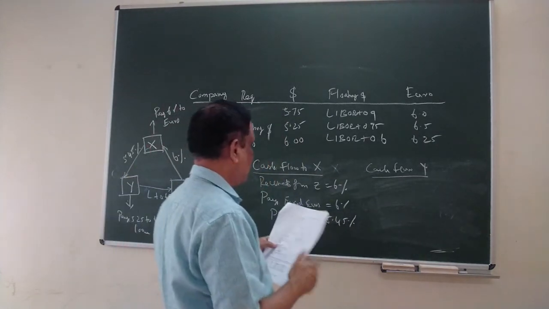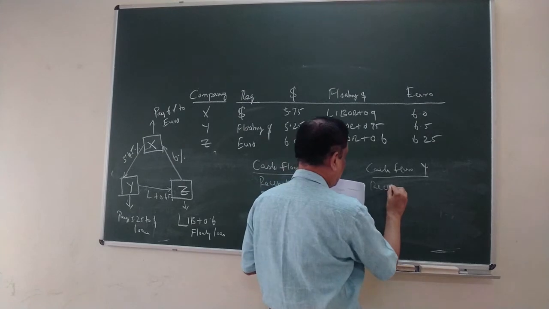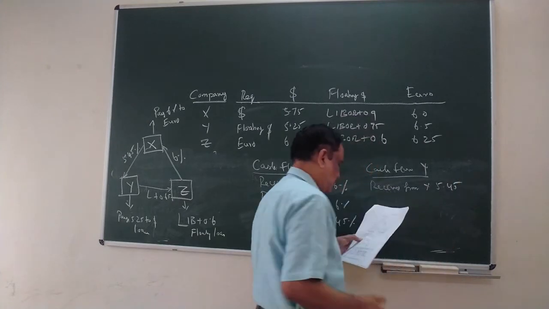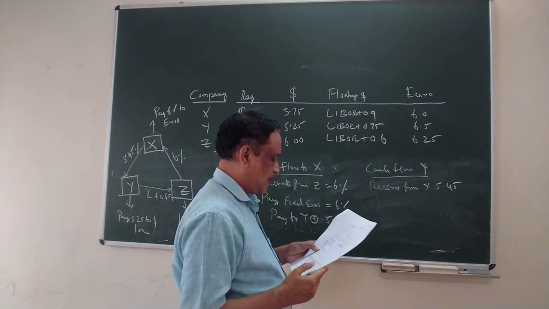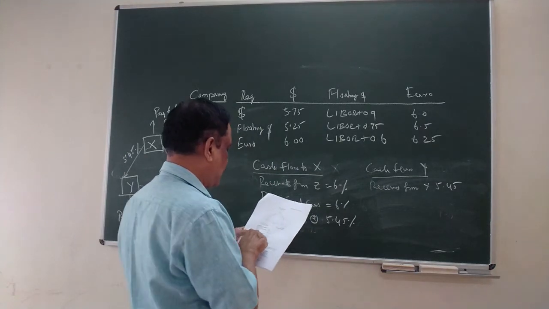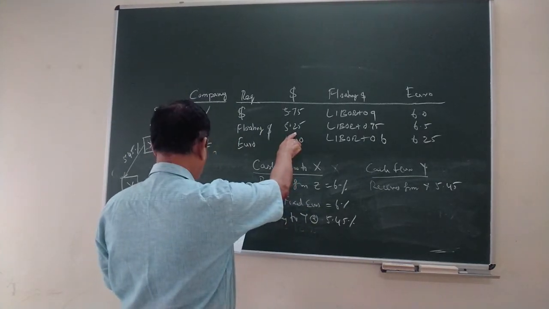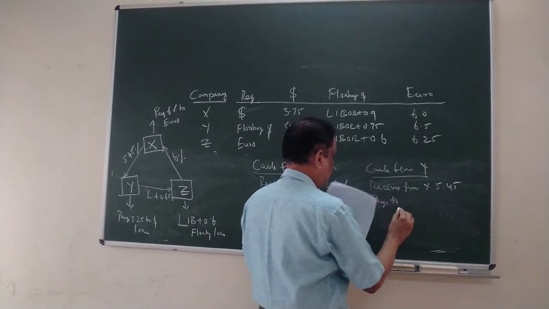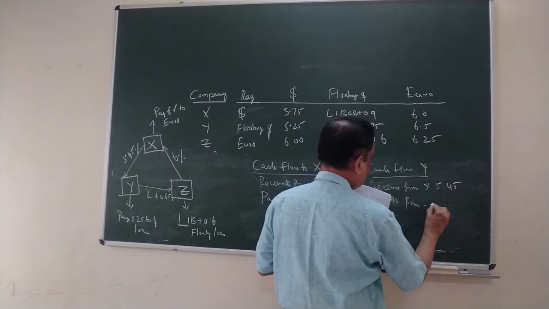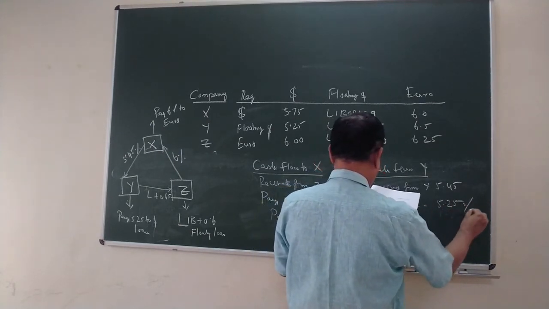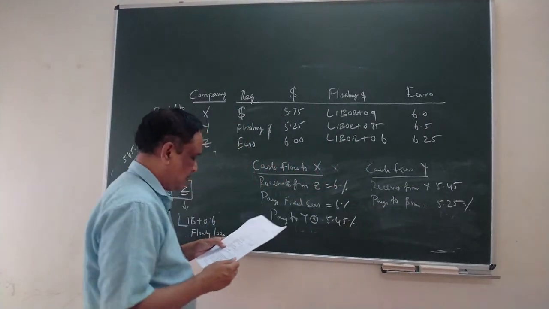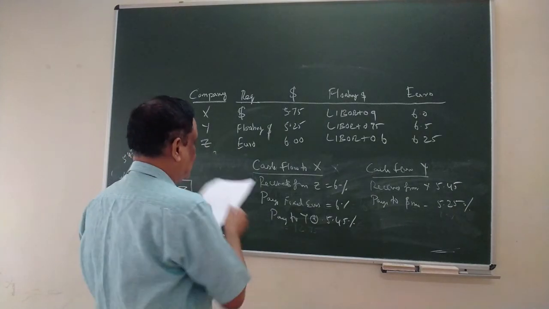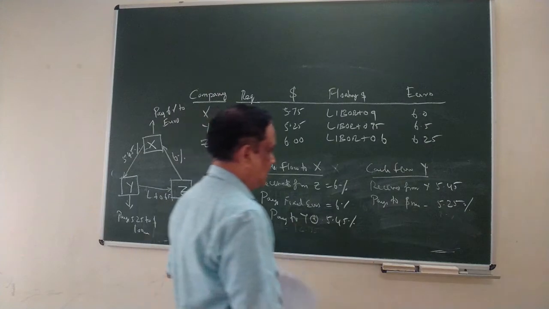And cash flow to company Y. It receives from X 5.45 and pays to the lender in the fixed dollar market 5.25%, and it will pay to Z at L plus 0.65.